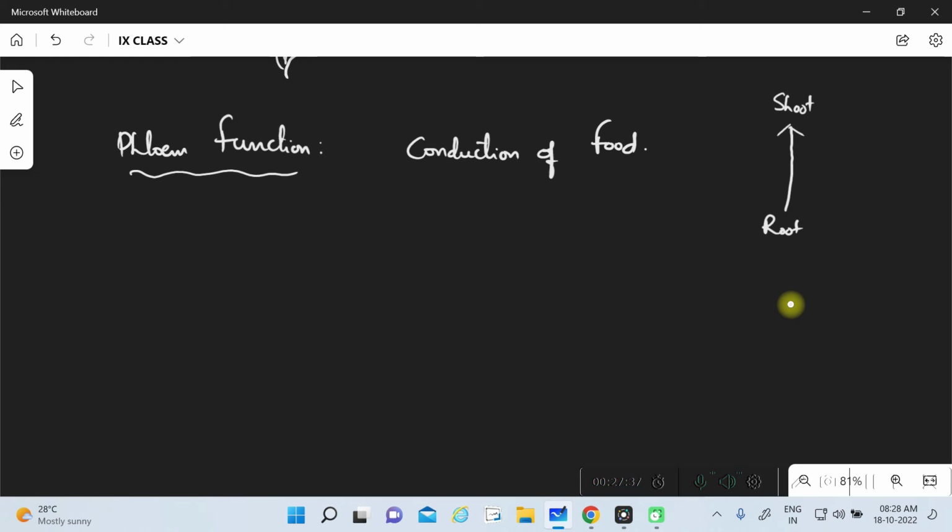Whereas the phloem conduction of food is in general bidirectional, means you can see conduction from the roots to shoot, and also from the shoot to root. Even lateral conduction is seen. So in multiple directions you will see the conduction of food with the help of phloem. That is another very important thing.